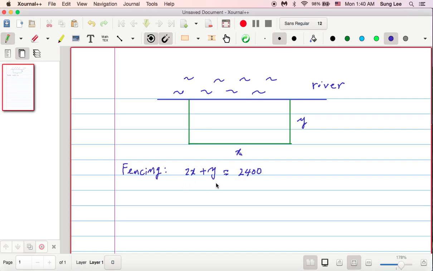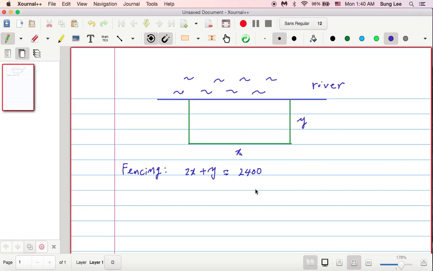This type of condition is called a constraint. When you work on optimization problems, they often come with certain constraints.